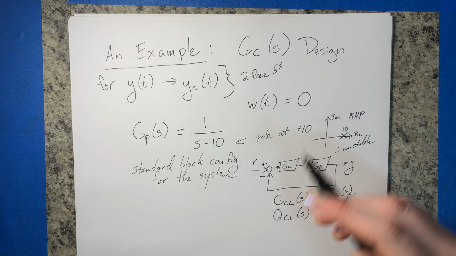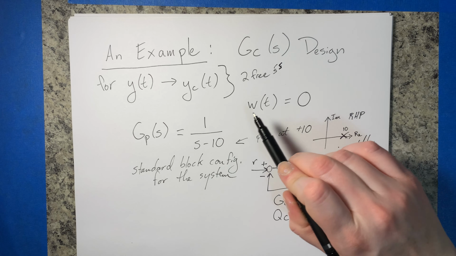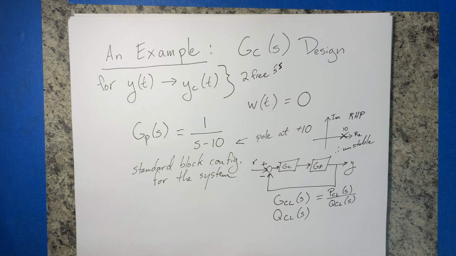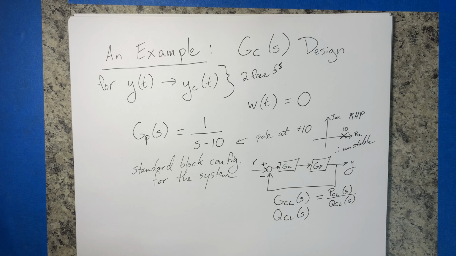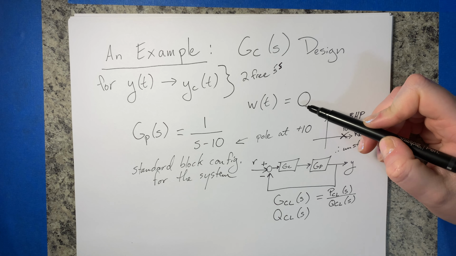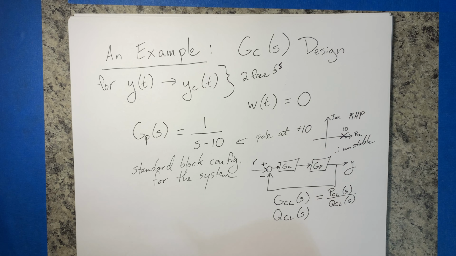That is because we want to be able to at least track the position and velocity of our command signal. You could make it even better by adding more free s's, but for our class, 2 free s's is what we're going to stick with. We need at least that. And since we don't have a disturbance, we'll not need any additional free s's.